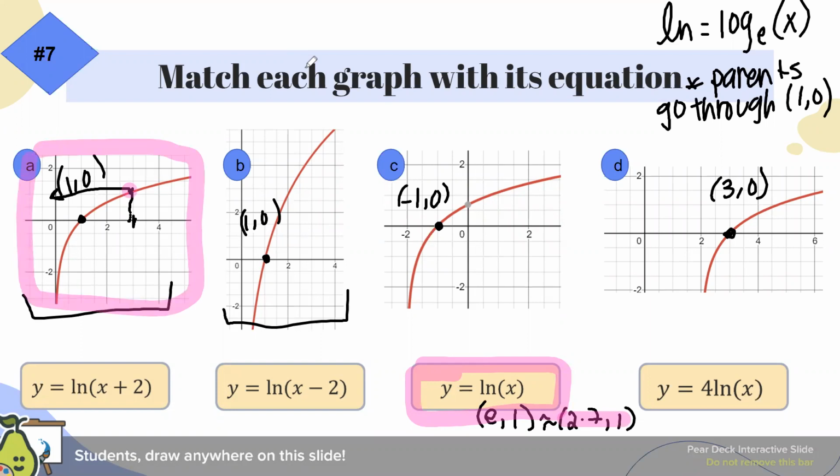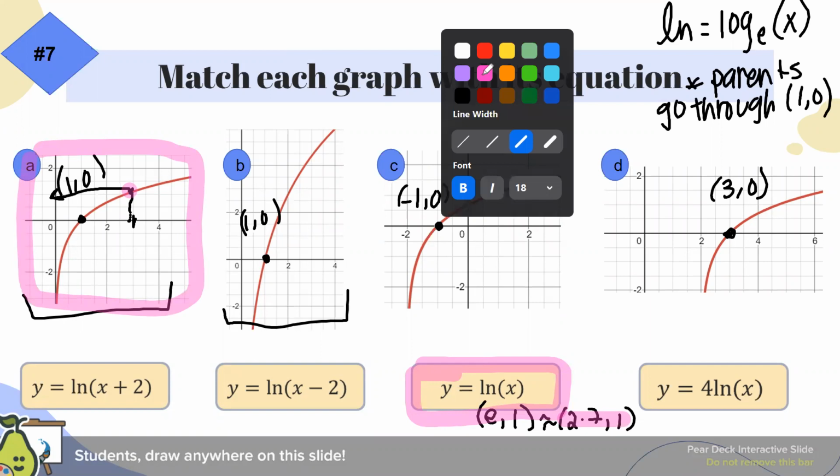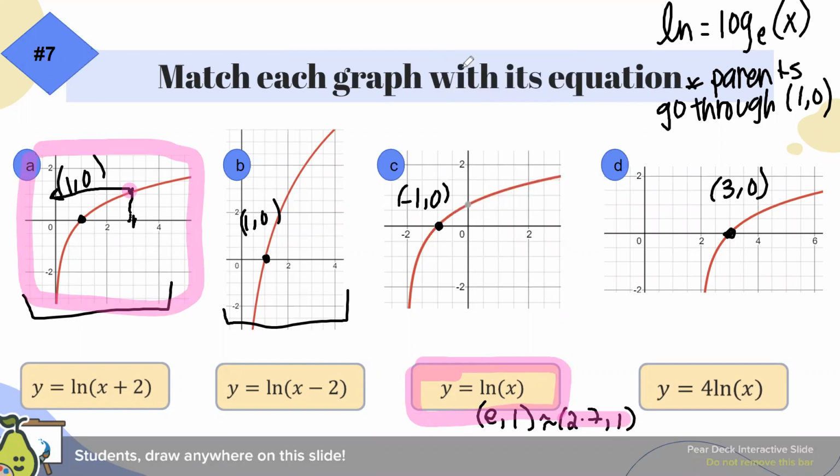Graph B still goes through (1, 0), and it looks a little stretched. It looks a little thin here. The whole graph itself is very stretched. It's not the same shape as this one. It's steeper, almost.